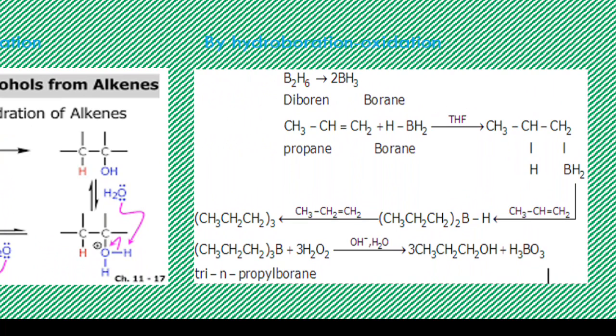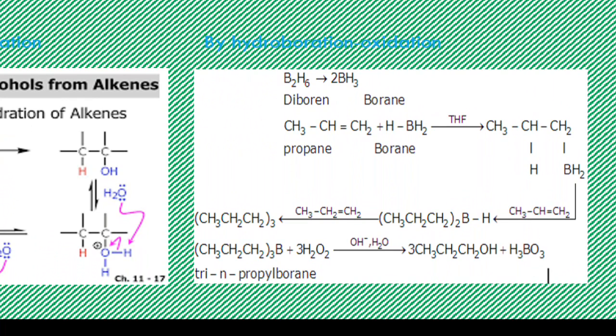You see that it will react with another molecule of propene. Reason being, this BH2 still has two hydrogens attached, which can be added to the site of unsaturation in the propene molecule.